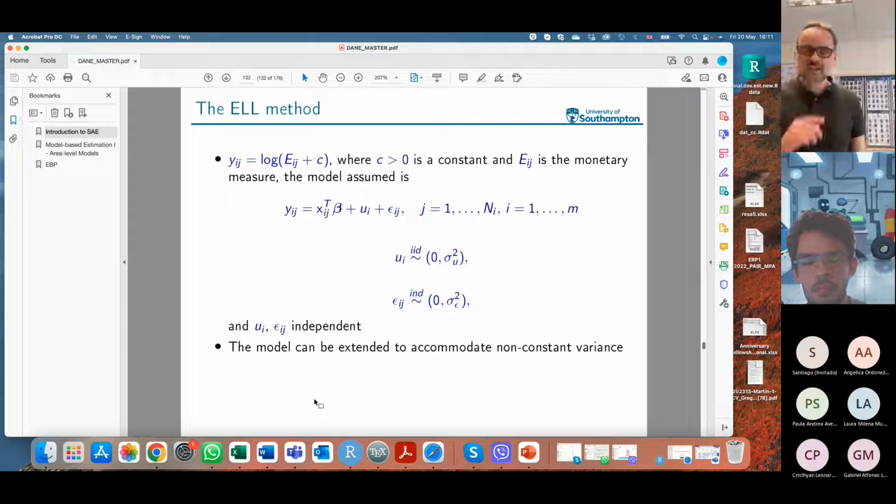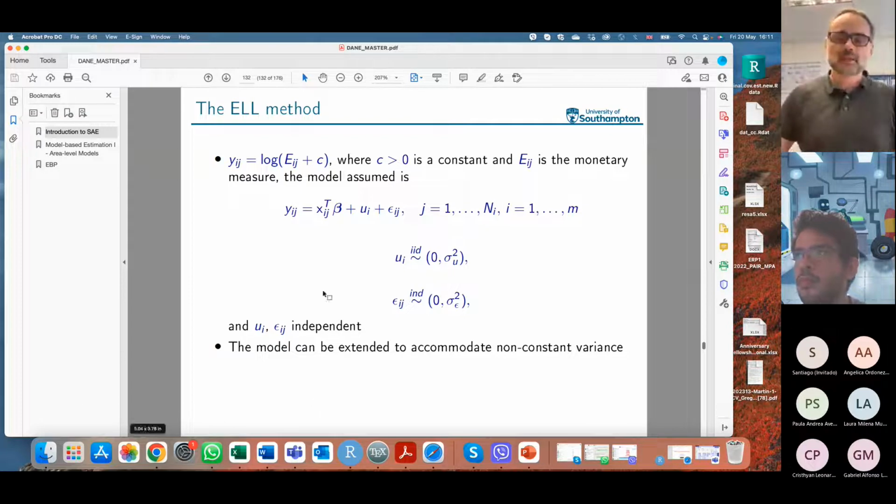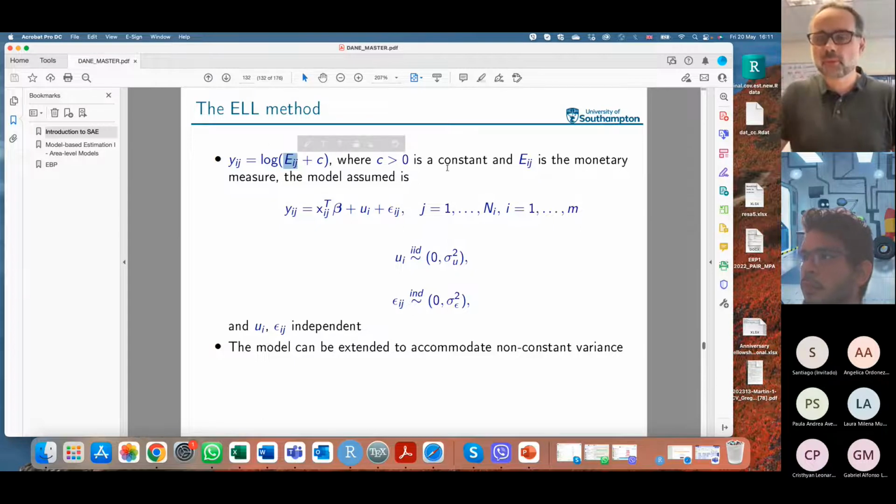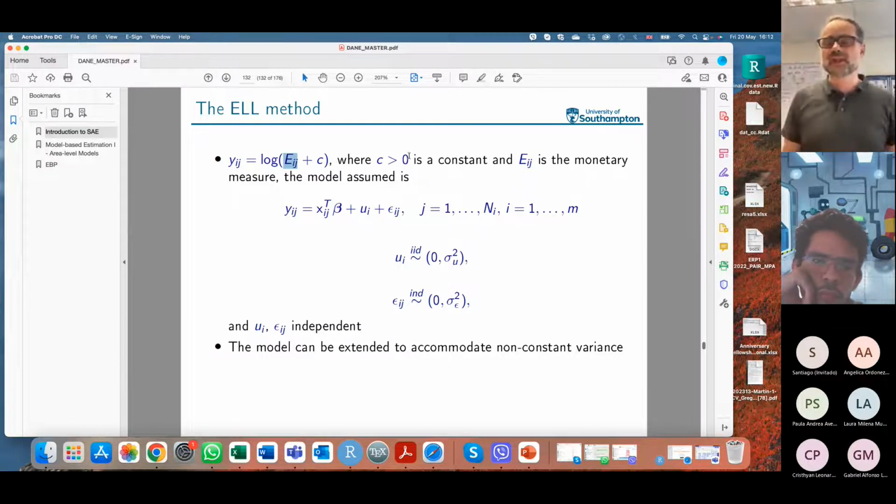So let's look at how the ELL method is working. The ELL method says that my Yij is equal to the logarithm of the expenditure or the monetary measure, whatever that is, plus a shift parameter c greater than 0, so that we can make this quantity within the brackets positive.